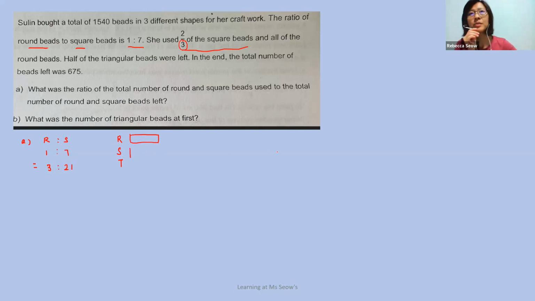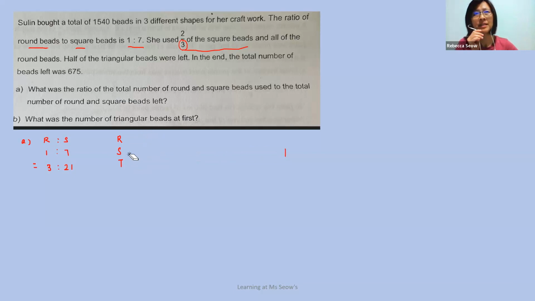I'm going to draw just one whole big block for easy reference. If not, we'll be looking at so many small units. Okay, let me draw a little neater. Okay, and under round beads, I'm going to put it down as 3 units.